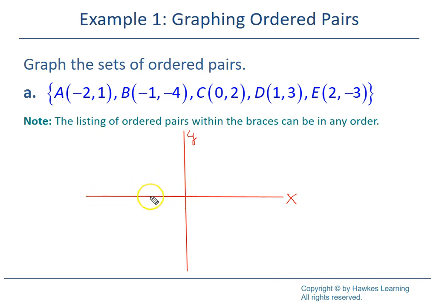And as a number line goes, right here in the middle, the ordered pair is going to be 0, 0, which is the origin right there, so that values to the right of that are positive, and values to the left of this are negative. And then on the vertical number line, values above the 0 mark are positive, and below are negative.